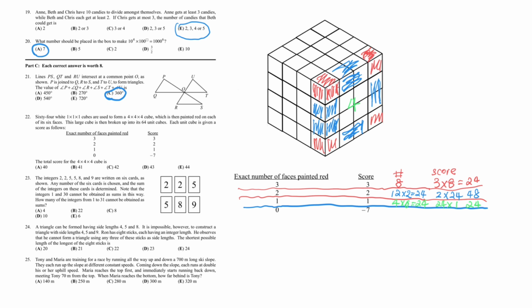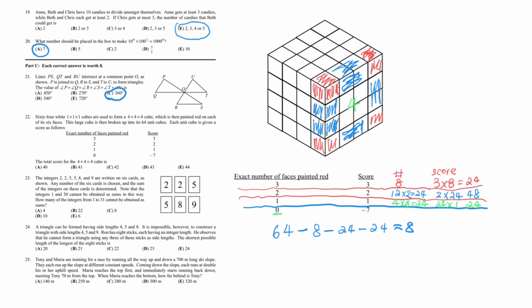And also, how many have no surface painted, that's all the inside. So in total, we have 64 unit cubes minus 8 corner minus 24 on the edge minus 24 on the surface. And that's the total inside, that's 8.